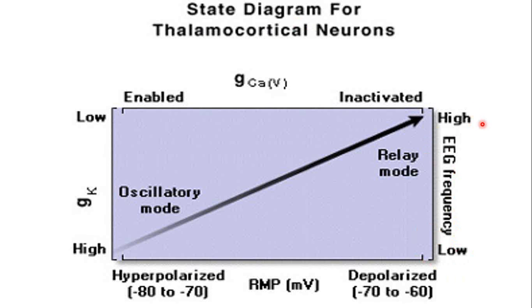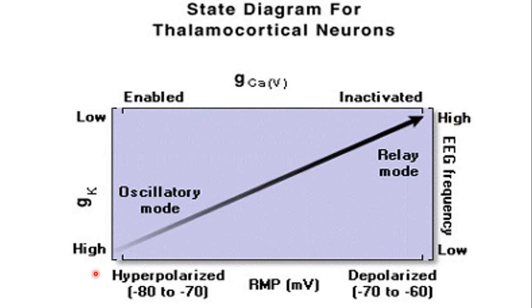Frequency versus high frequency, low amplitude waves, okay? And so generally we speak of the low frequency, high amplitude wave. When that predominates, the thalamocortical neurons are in an oscillatory mode, versus when they're in the opposite mode, we call it a relay mode, when we have the high frequency, low amplitude, or more desynchronized wave.